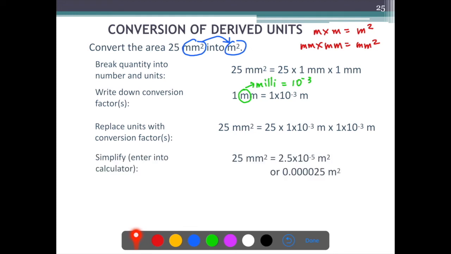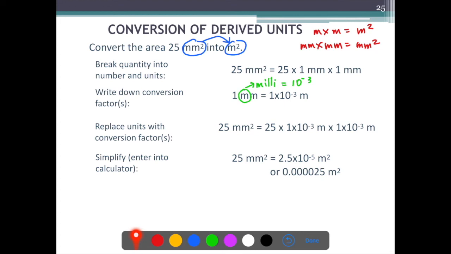And then you do the calculation. If you did it in the calculator, it would give you 2.5 times 10 to the negative 5 meters squared. So that's the conversion for 25 millimeters squared into meters squared.